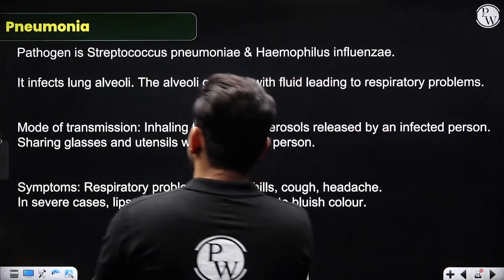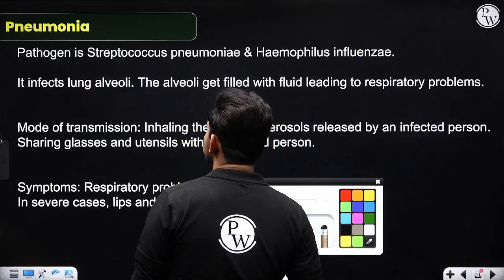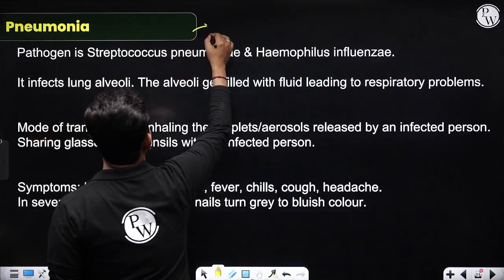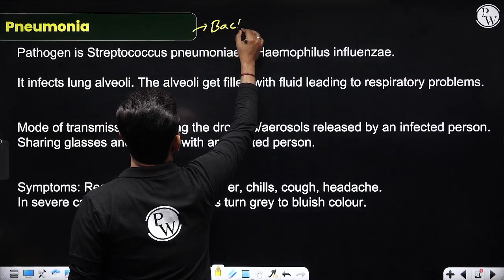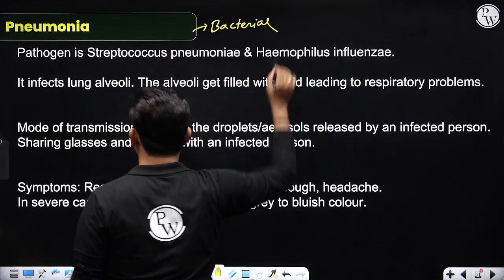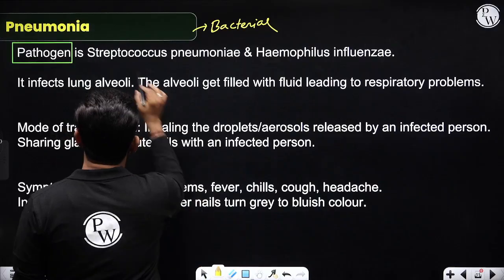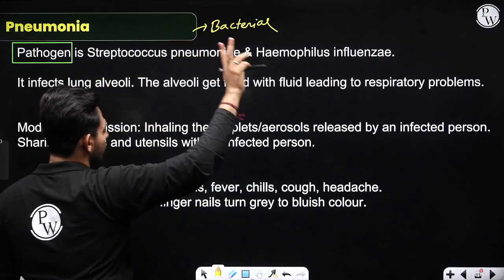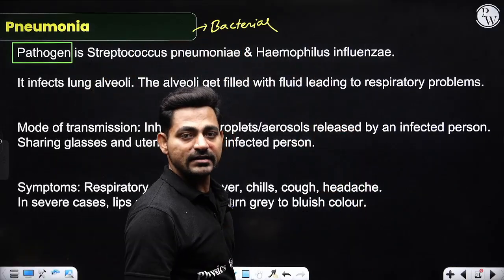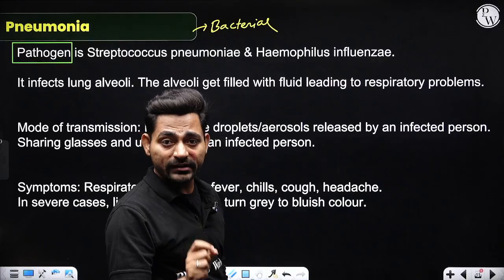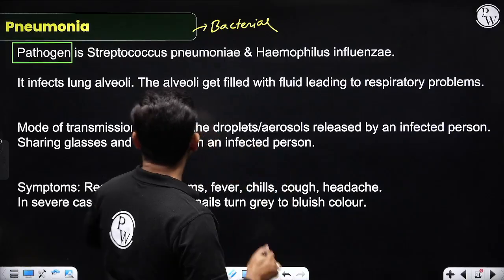Okay, now another bacterial disease, there is pneumonia. That is also a bacterial disease. Pathogens, the bacteria. Here you need to remember that there are two bacteria which are responsible for pneumonia.